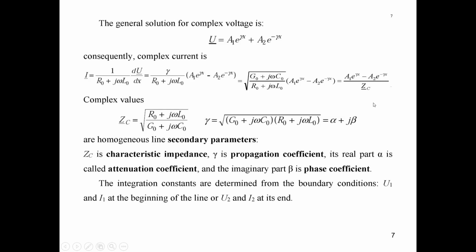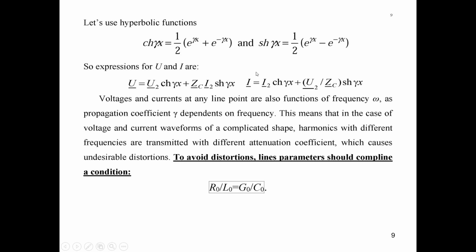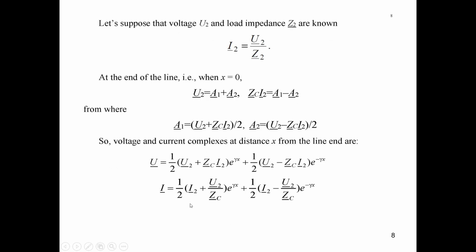Substituting here x equal to 0, at x equal to 0, u equals u2 and i equals I2, we can determine the integration constants, and we can get expressions both for voltage drop and for current through levels of voltage drop and current at the end of this long line. And remember that x here is the distance from the end of the line.